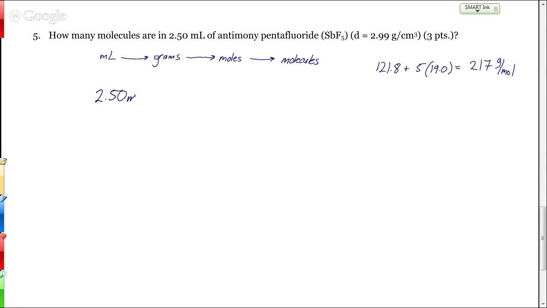2.50 mL times, our density is given in grams per cubic centimeter. We know cubic centimeter is the same as a milliliter, so we don't need to put in an extra factor there. We can just say that we know that the density is 2.99 grams per milliliter. That gets us grams. Then we can go grams to moles using our molar mass. And then moles to molecules using Avogadro's number.